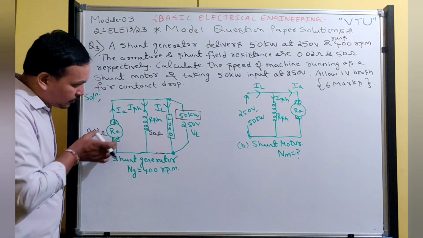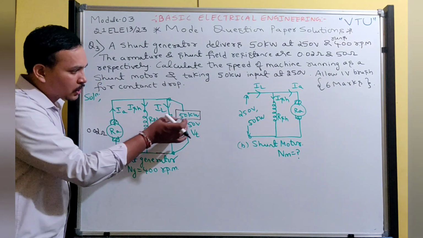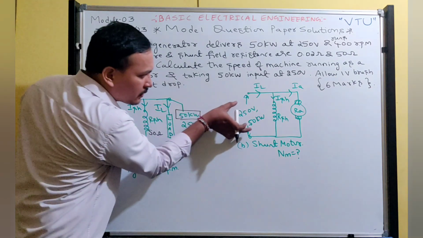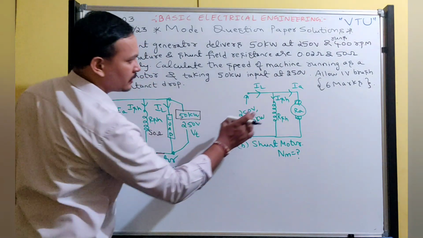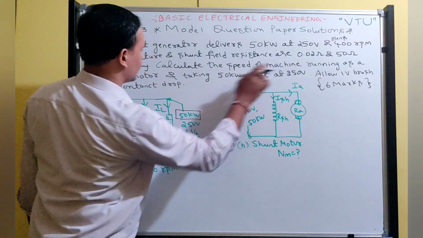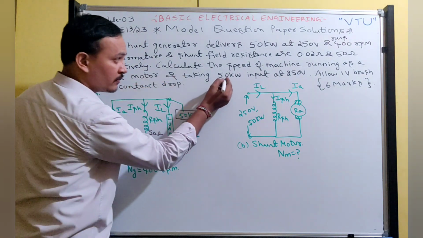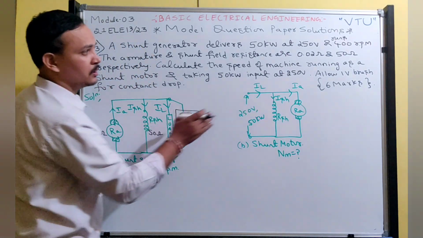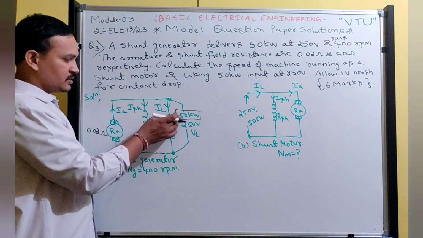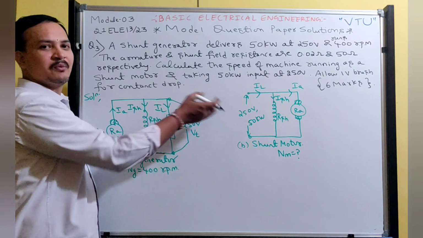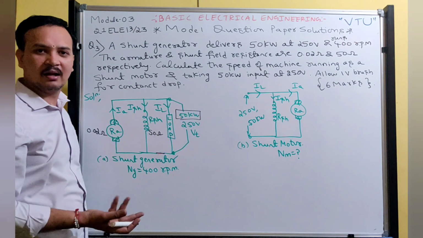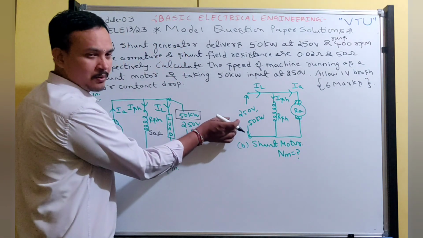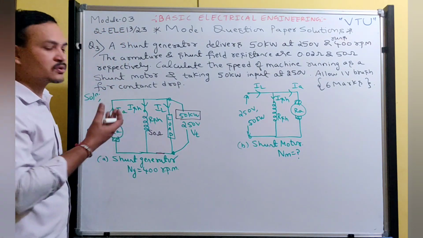Whatever electrical output I got from the generator, 50 kilowatt at 250 volt, this supply I am giving to the shunt motor, taking 50 kilowatt input. Under such condition, when the motor is connected to this supply voltage, what speed does it run at? That is the question they asked.